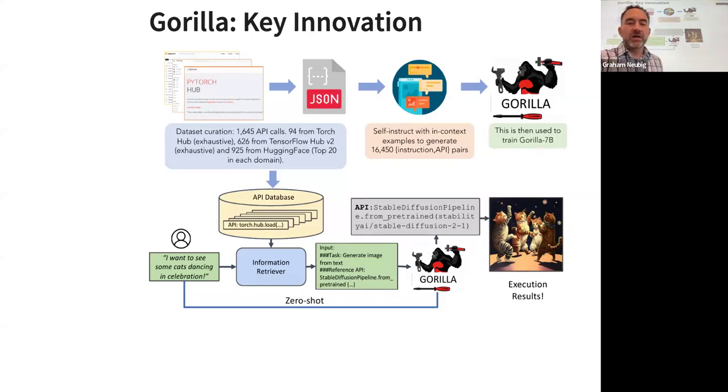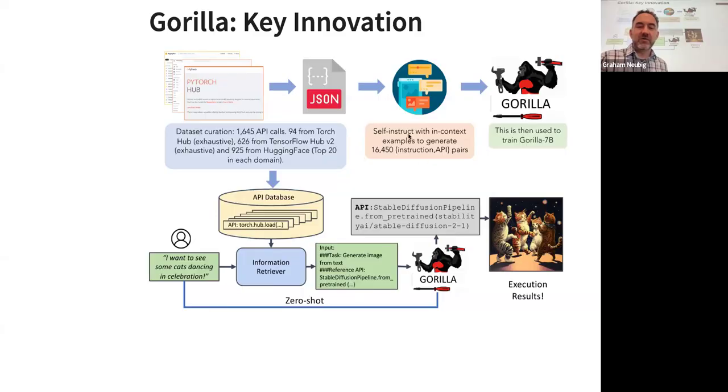So the way it works is they curated a dataset where they downloaded a whole bunch of API calls. I think people didn't notice this, but in the original Gorilla paper, they're all Torch and TensorFlow and Hugging Face, so they're all machine learning related.